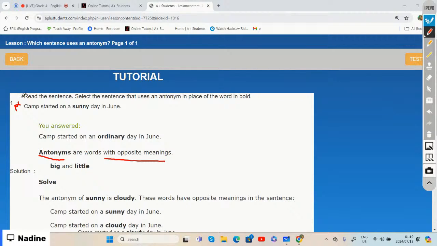So it says camp started on a sunny day in June. Now look at this word sunny. We need to find the opposite of sunny.